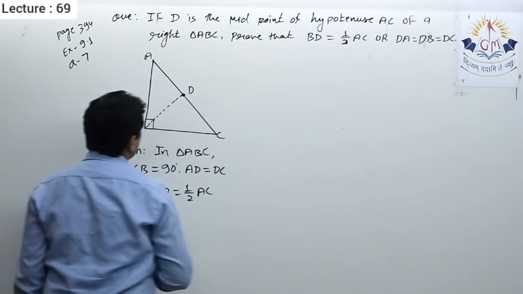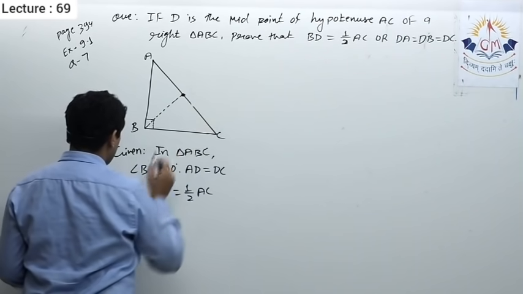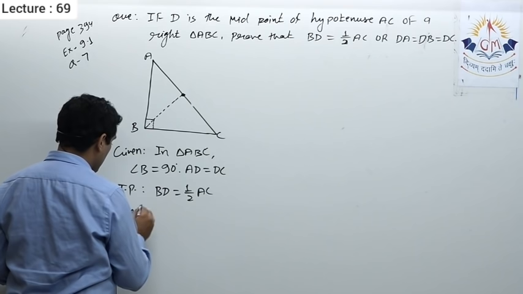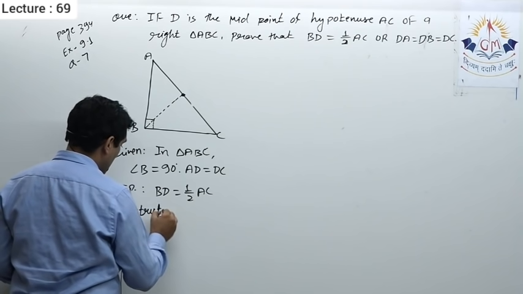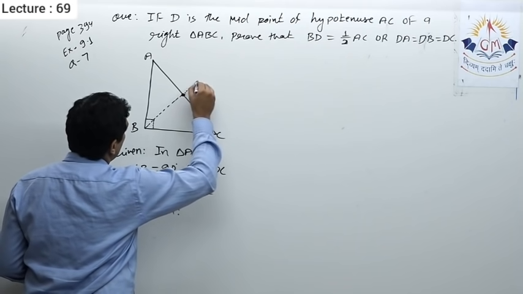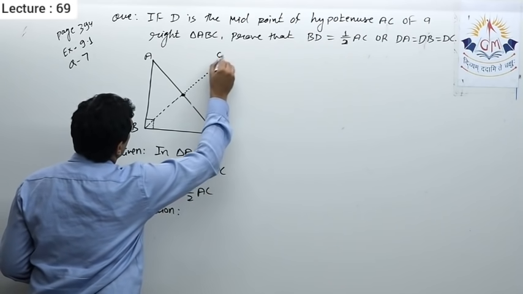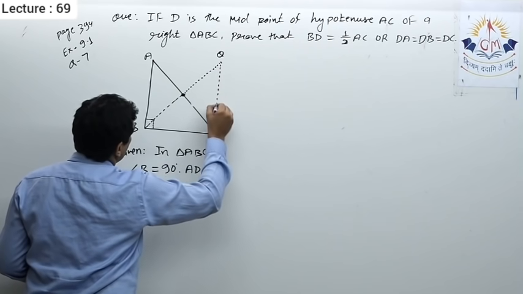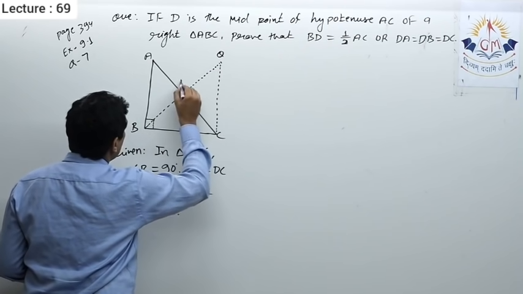Okay, so here we need some construction, so I'm adding that part. Construction: produce BD to a point Q such that BD is equal to DQ.